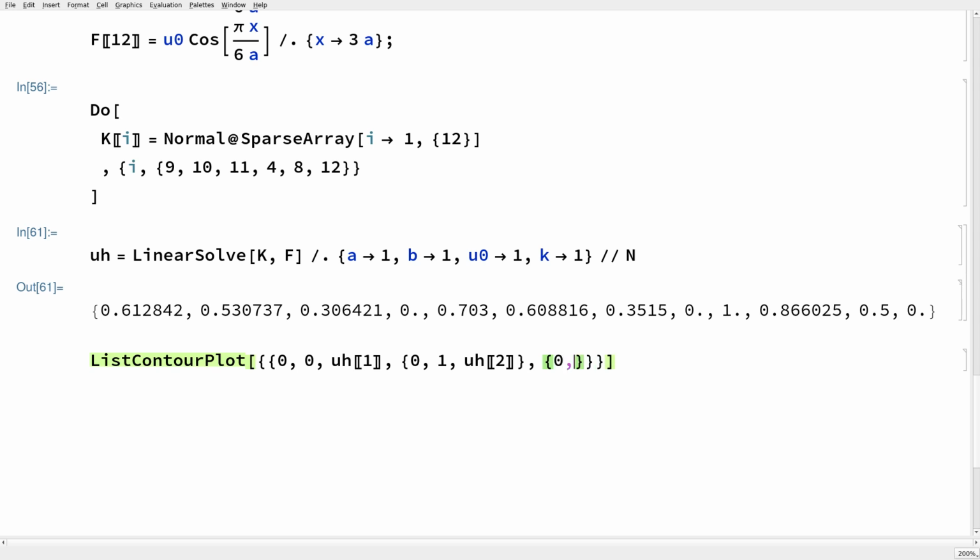Node 3 is 0, 2a, which is 2, u3. Then I have 0, 3, u4.